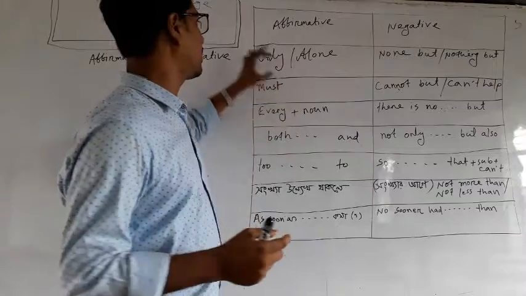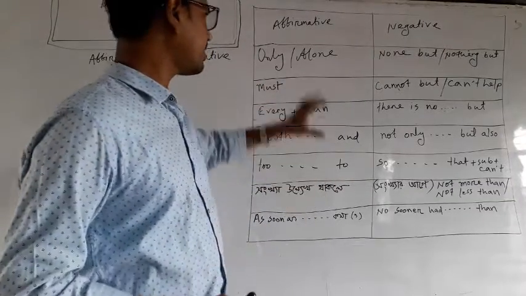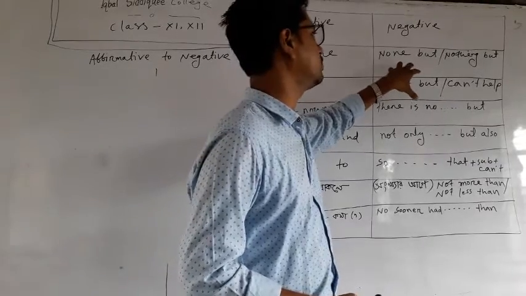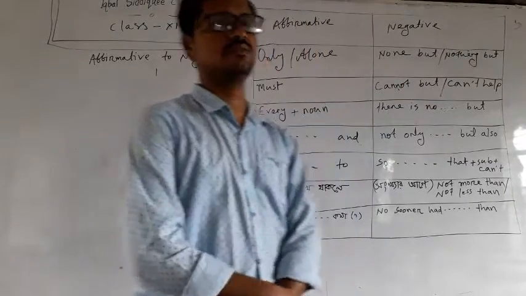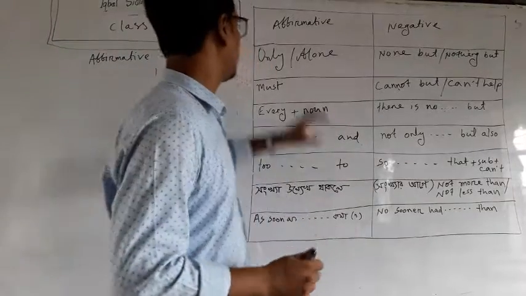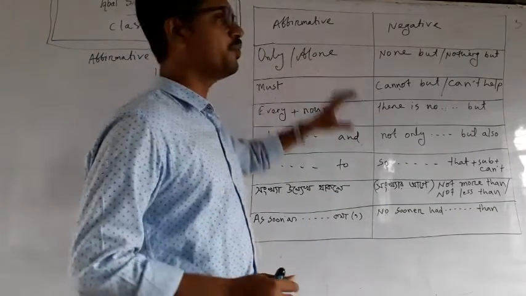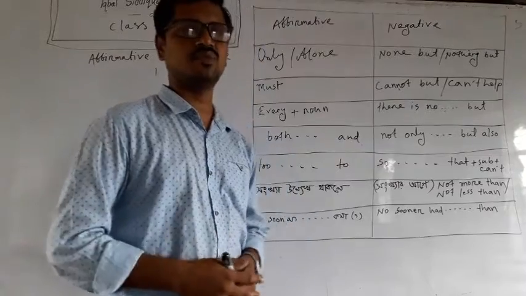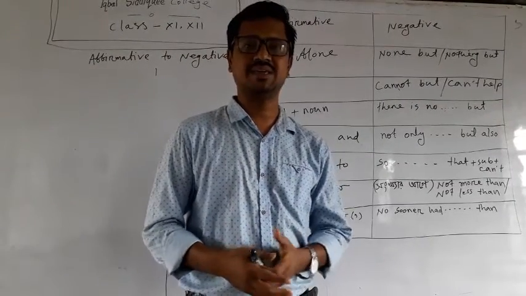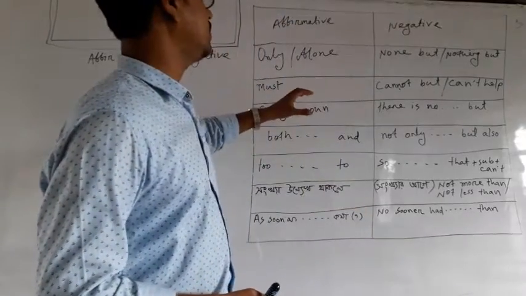If there is the word "only" or "alone," in place of "only" and "alone," you have to use "none but" or "nothing but." Here you have to understand "only" and "alone." "Alone" is a personal term. It's only used for human beings.